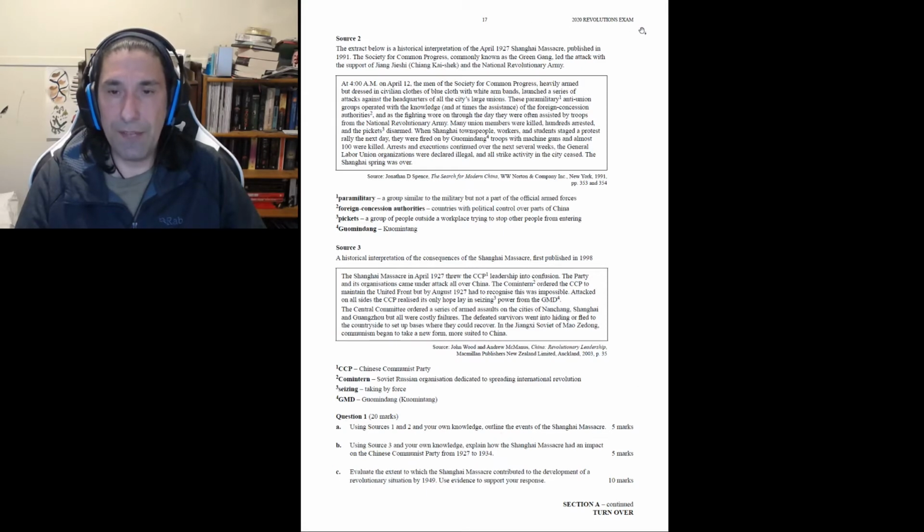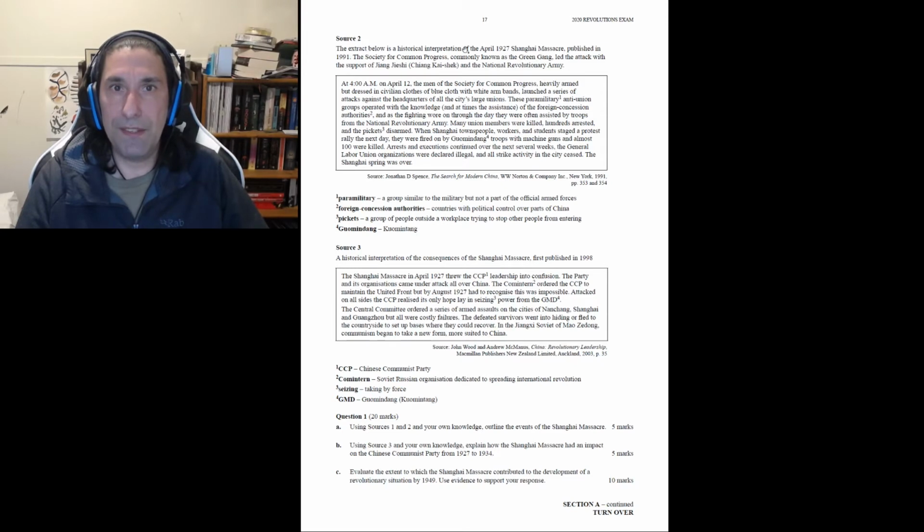So already from that image we can see the role the CCP played in helping the workers rise up in Shanghai. And then we see Jiang Jieshi and his GMD, and particularly his allies, the Green Gang, the gangsters, and what they did to the workers from this written extract here.